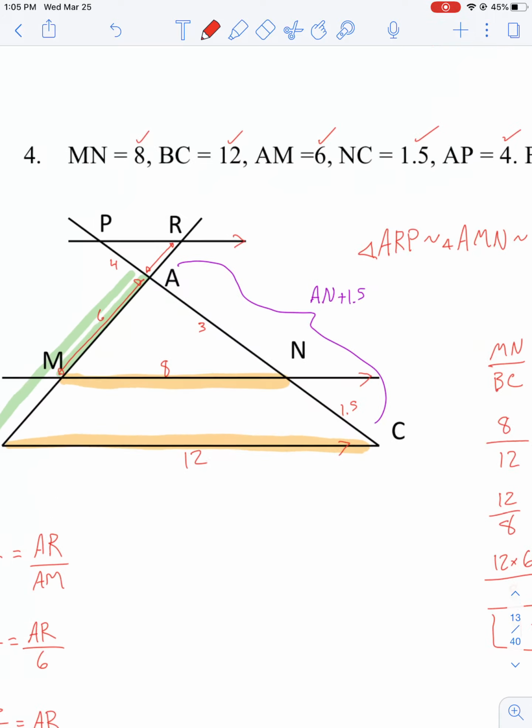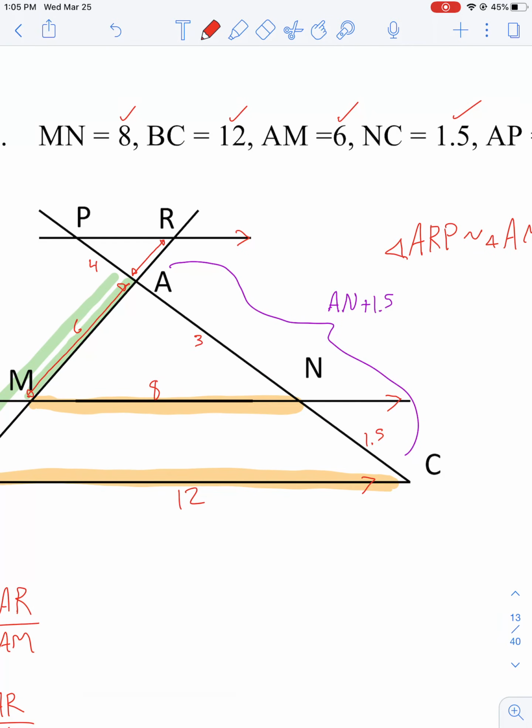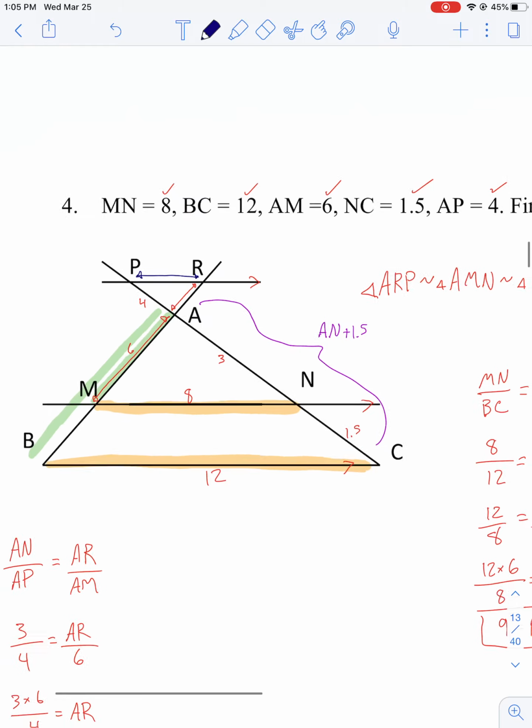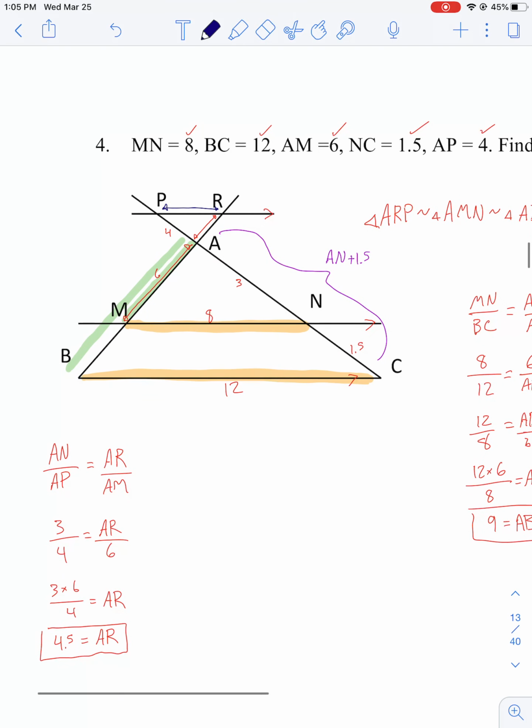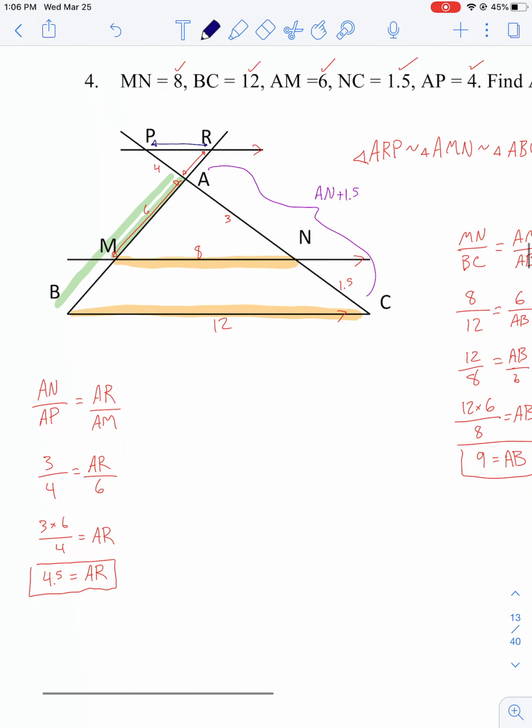And the last one we're looking for is that distance, let me switch over here, is that base of that top triangle. So that base of that top triangle, we can say is in ratio of the base to either AMN base, triangle AMN base, or triangle ABC base. It doesn't really matter which one you use, but I'm going to say use triangle AMN, the smaller one.